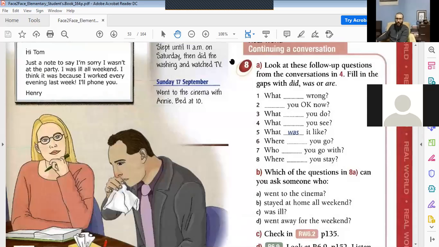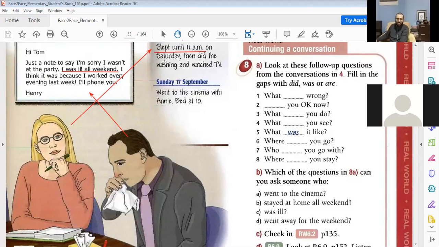And the same thing here. This is what Henry wrote. Do you see what he said? He said, I was ill all weekend, right? So he didn't have a good weekend. He had a terrible weekend. And if you check Jane, do you see what Jane did? Lots of sleeping, right? So she slept until 11.